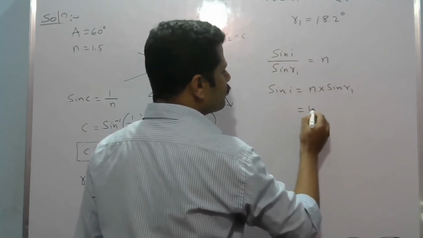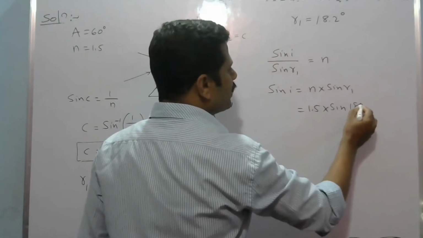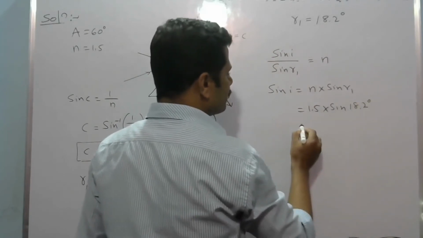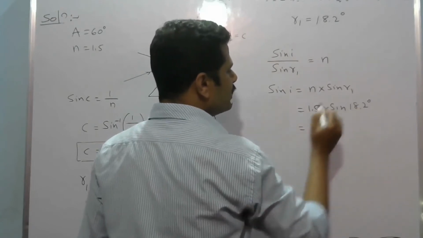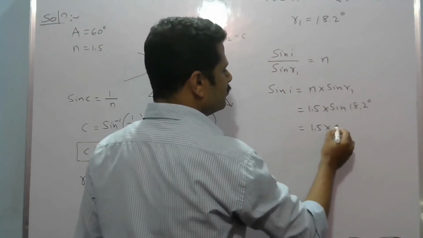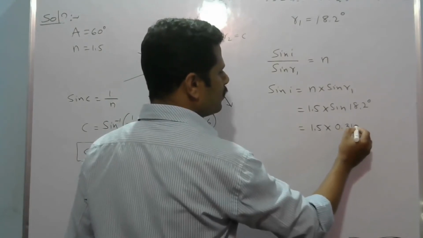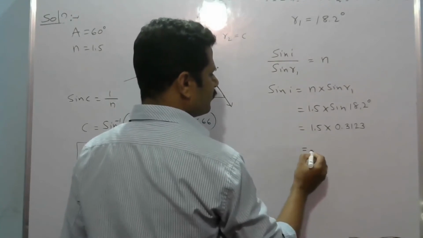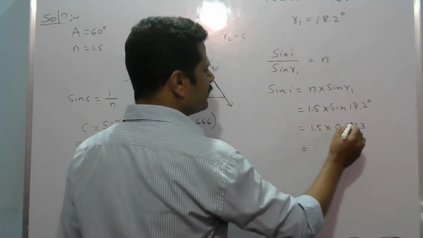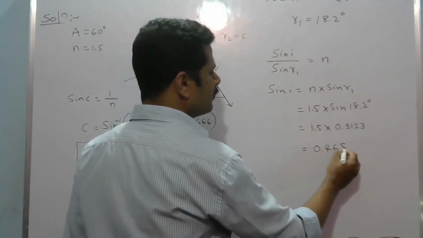Substituting the values, n equals 1.5 and R1 equals 18.2 degrees. Sin 18.2 degrees is 0.3123, and 1.5 into 0.3123 is 0.4684.